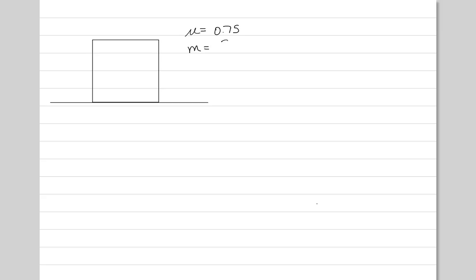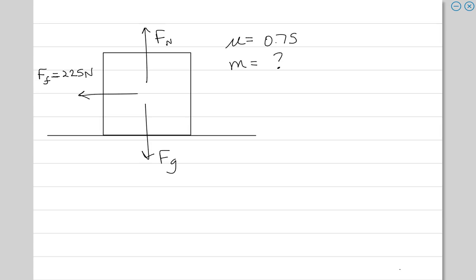I want you to find the mass for this one. I'll give you the free body diagram. And I'll zoom in for you guys. Just find the mass. That's it. Yeah, 225 newtons for the force of friction. Find the mass.